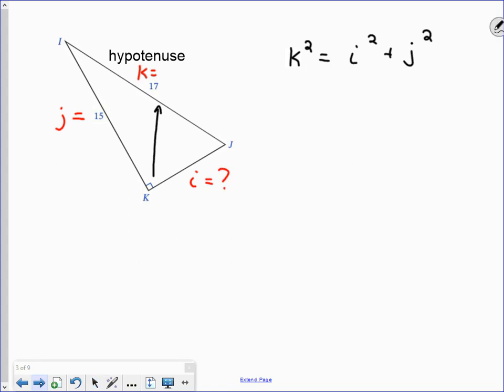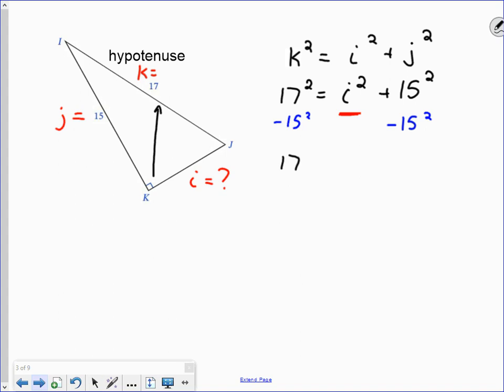We can sub in our values for i, j, and k. k is 17, so 17 squared. i squared is the one that we don't know, so we'll just leave it as i squared. And j is 15, so plus 15 squared. Now, if we're solving for i here, we want to rearrange this. We're going to want to subtract 15 squared from both sides.